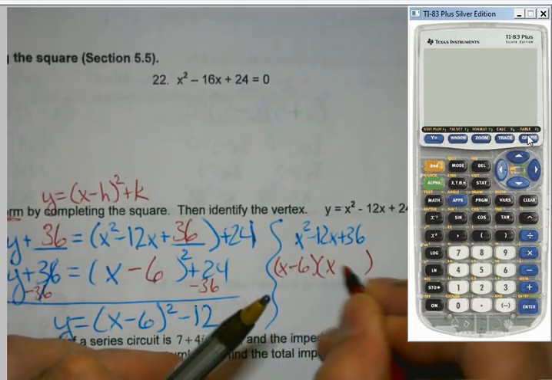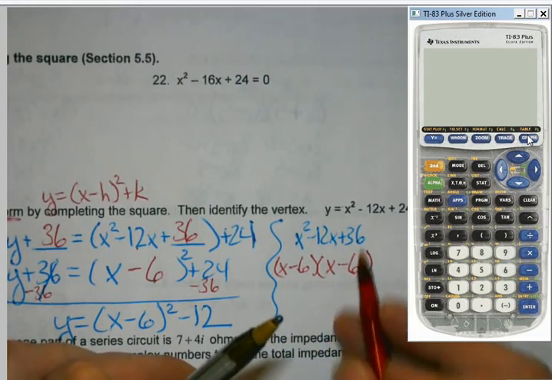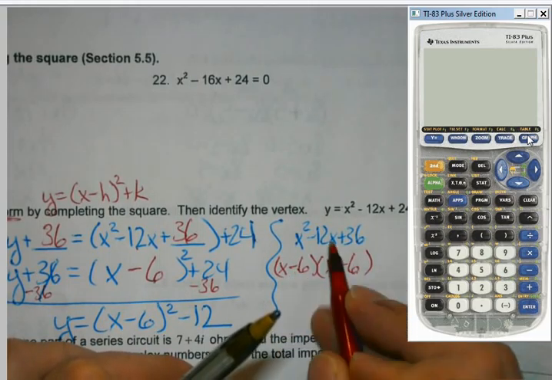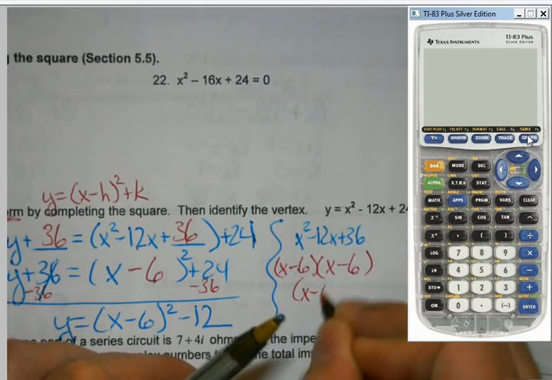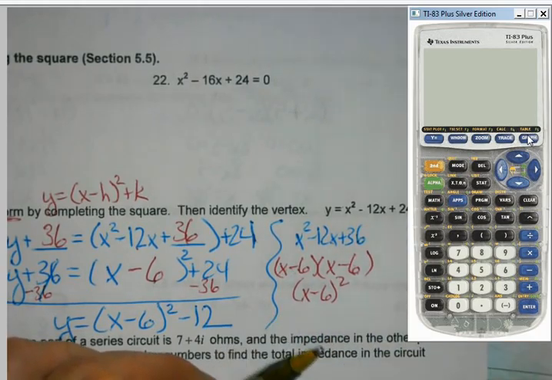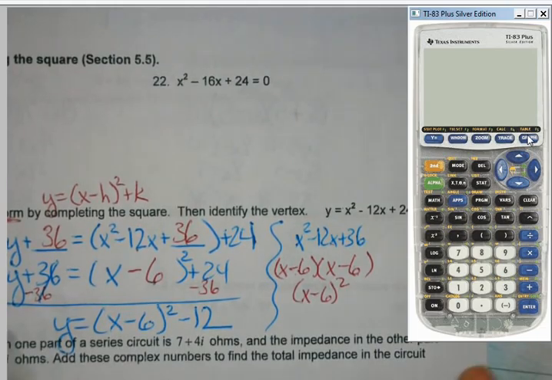Negative 6 and negative 6, because negative times negative is positive, and negative 6 and negative 6 is negative 12. But since these are the same, I can rewrite it as x minus 6 quantity squared. So if the factoring makes more sense to you to get it here instead of just taking the b divided by 2, that's fine. Okay?